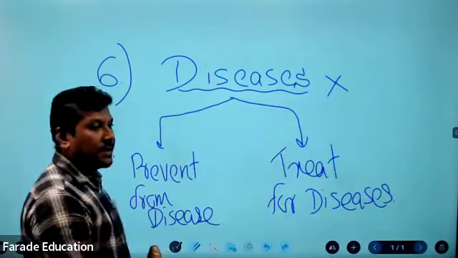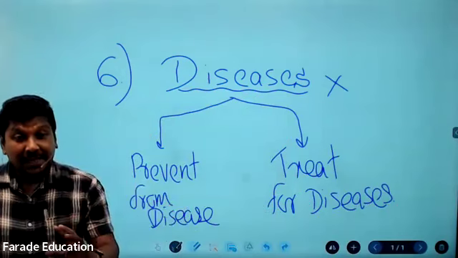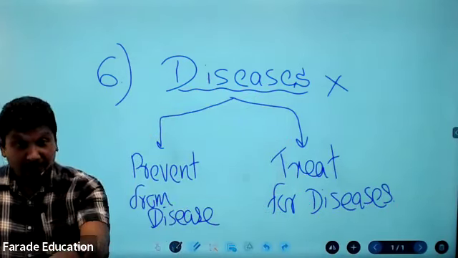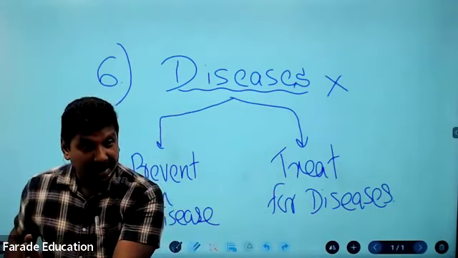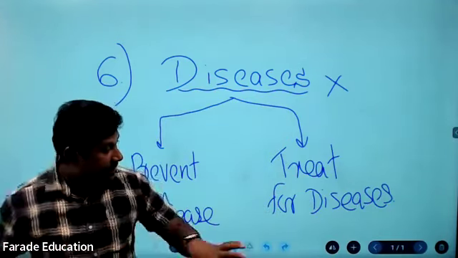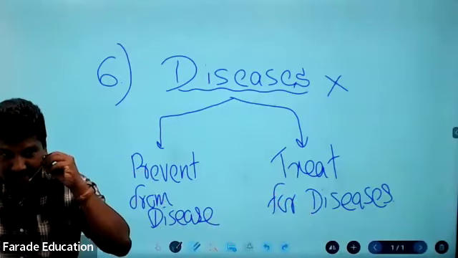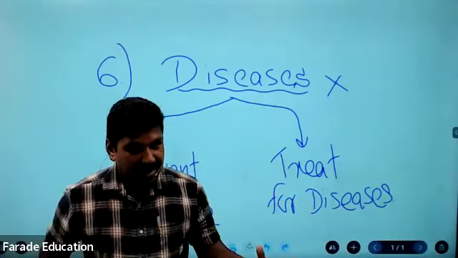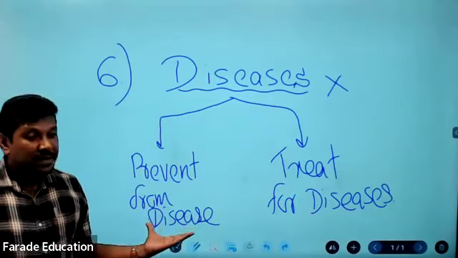What is the difference? Prevention means before you get the disease, we try to prevent it. Treatment means after you get the illness, you treat it. What is most important? Prevention is the most important.